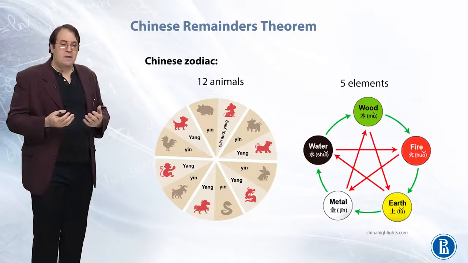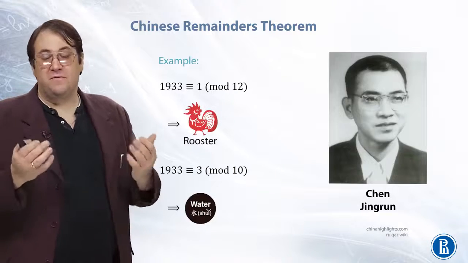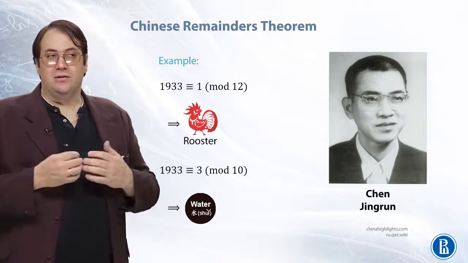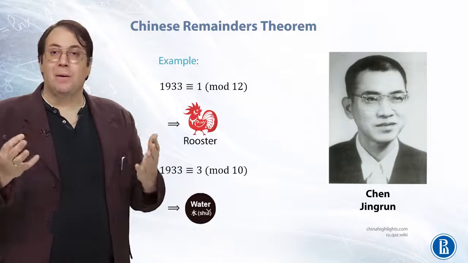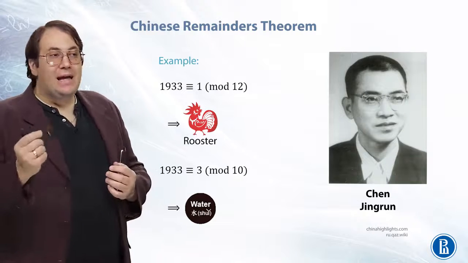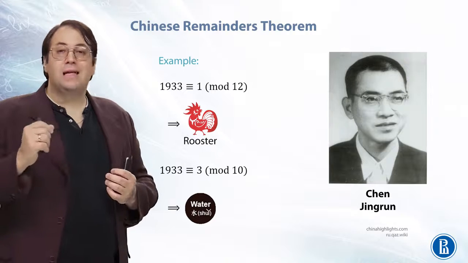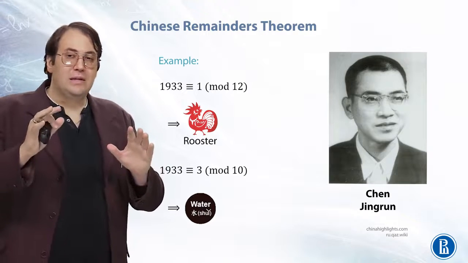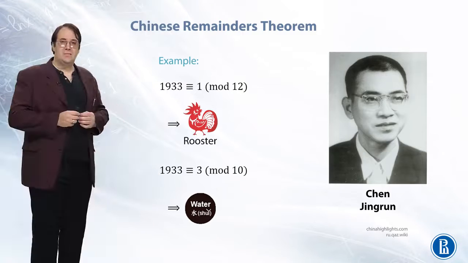For instance, let's consider a famous Chinese mathematician, Chen, who made a great contribution to number theory and proved that every even number can be represented as a prime plus, well, not necessarily prime, but the product of 2 primes.